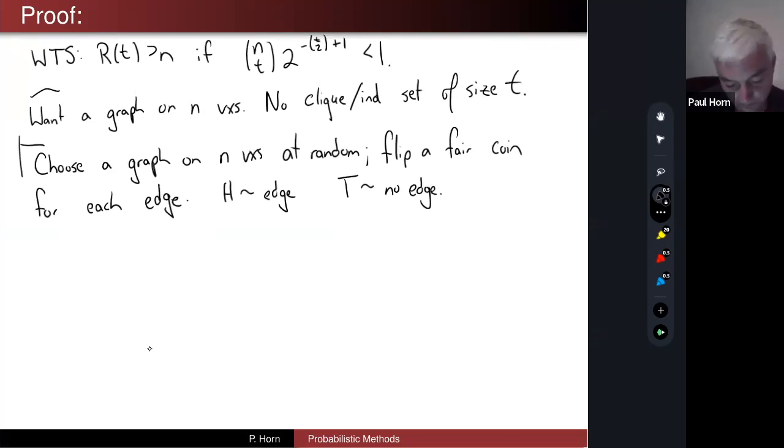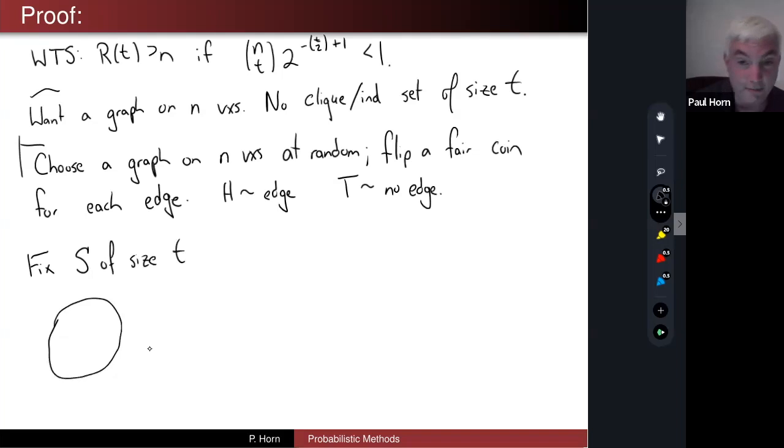Now, let's think about an S of size t. Somewhere in my graph, in fact many places in my graph, I have vertex sets of size t.